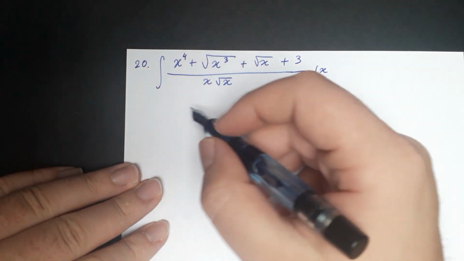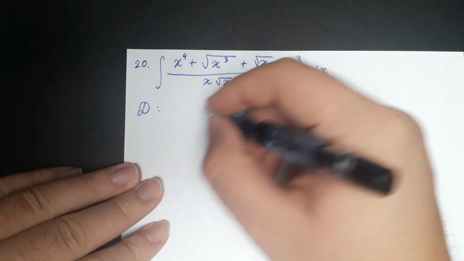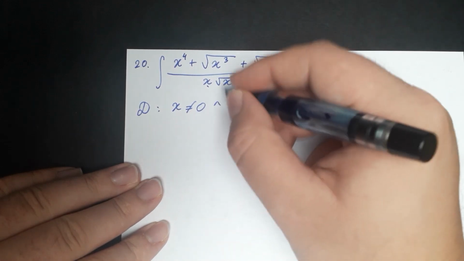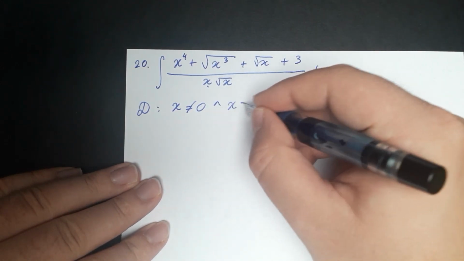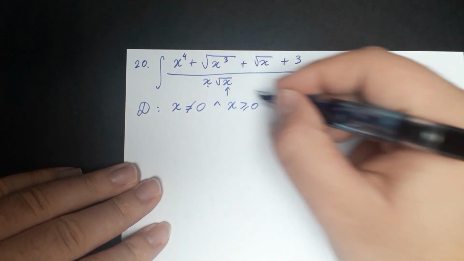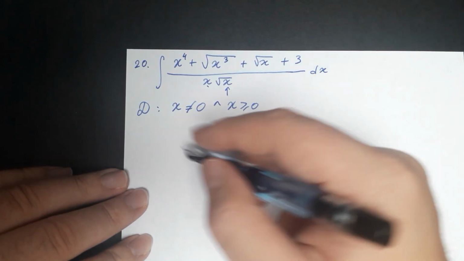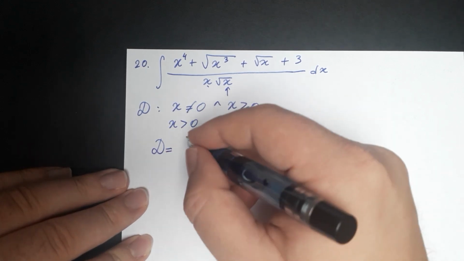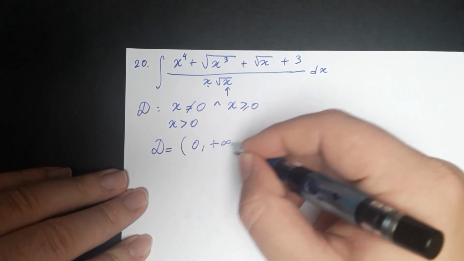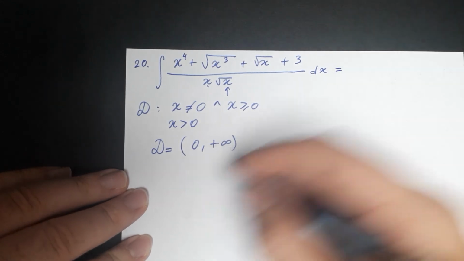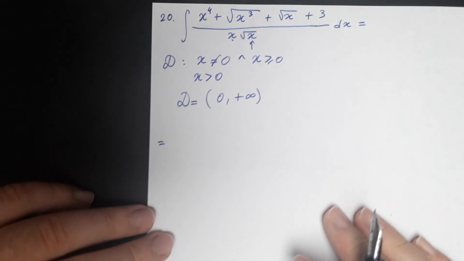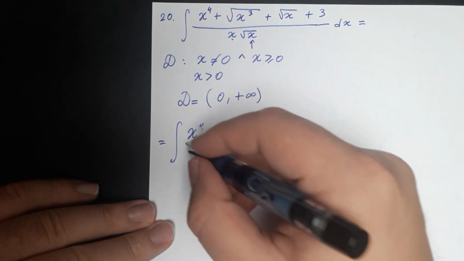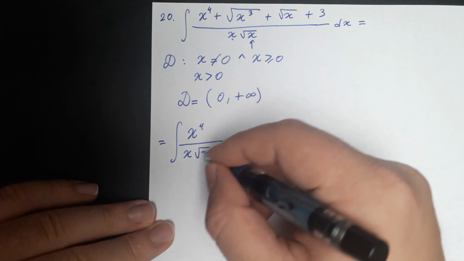The area in which this integral is defined is for all x's which are different than 0, because we have division by x, and x has to be larger or equal to 0 because of the square root. That means that x is larger than 0, and the area in which this integral is defined is from 0 to positive infinity.